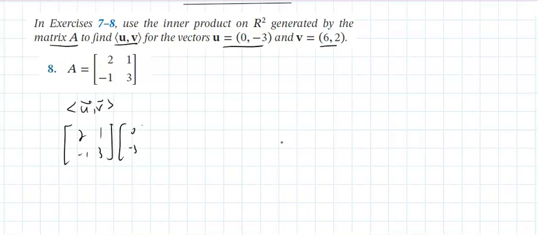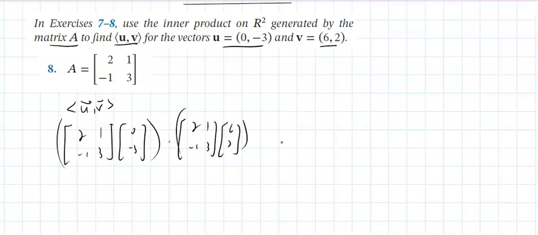U is 0, negative 3. Here there are no weights. Dot it with 2, 1, negative 1, 3. And V is 6, 2. And that would be, let me just get that right.